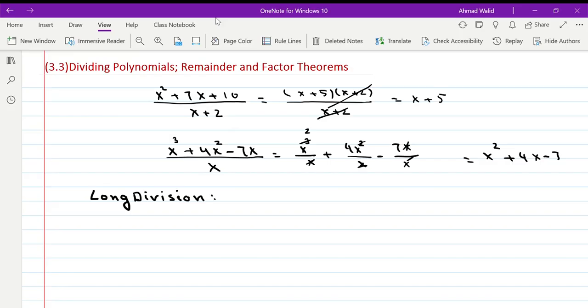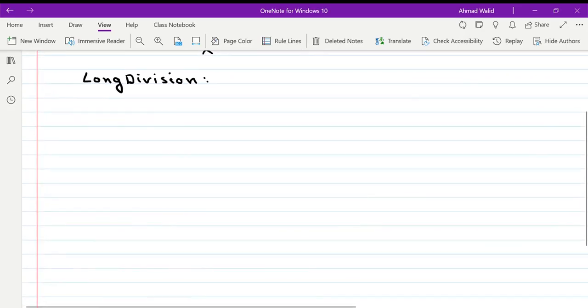What is long division? For example, in school, you saw that if I want to divide two numbers, for example, 3,983 divided by, let's say, 26, we call this method long division, correct?